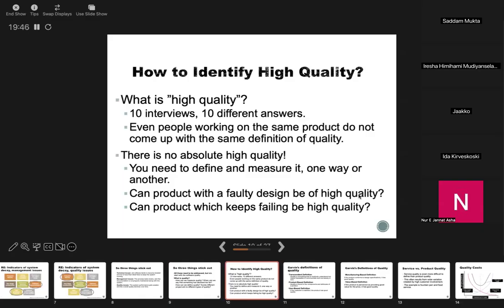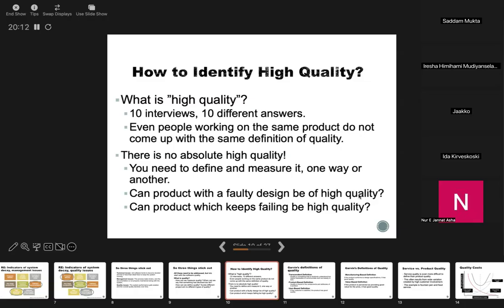So what is actually high quality? If you interview 10 different persons, they might have 10 different answers. Even people who are working on the same product might have different visions of quality. So actually there is no absolute high quality.